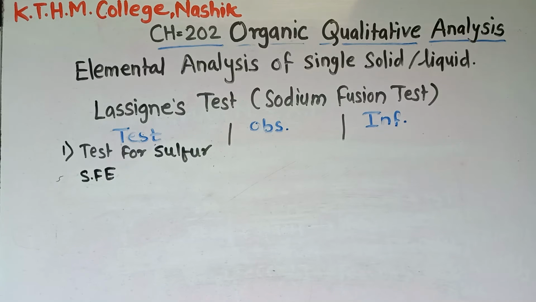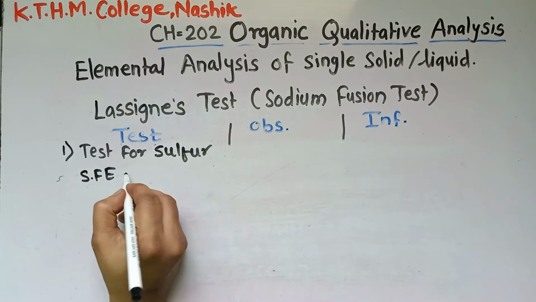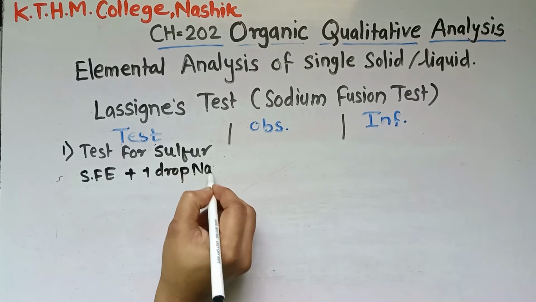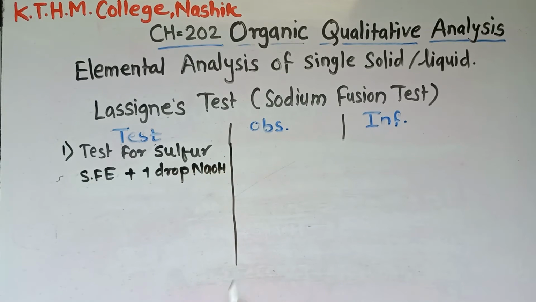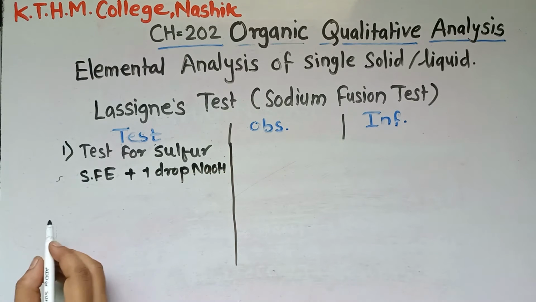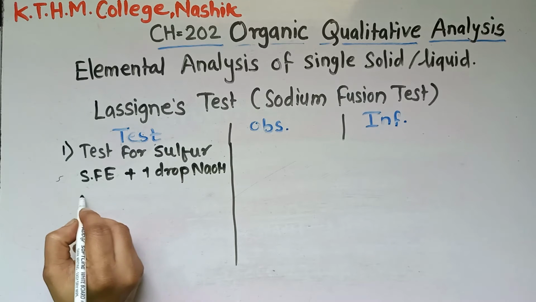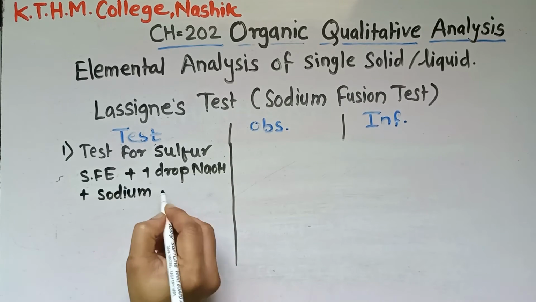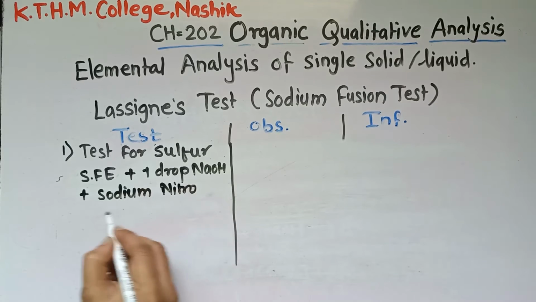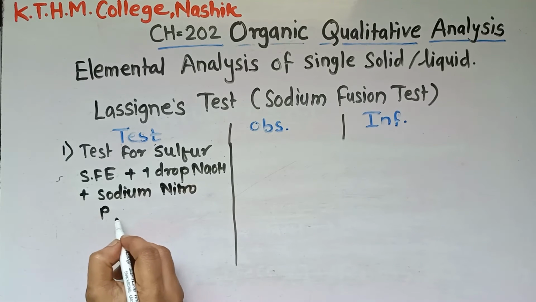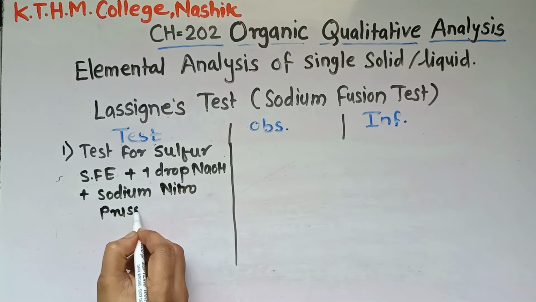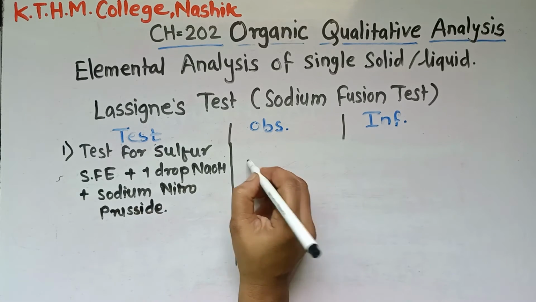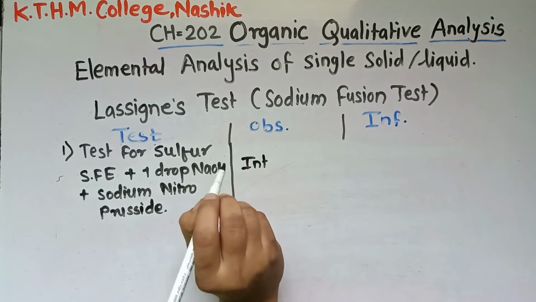Then we add 1 drop of NaOH. Then we add 4 drops of sodium nitroprusside. Sodium nitroprusside is added.